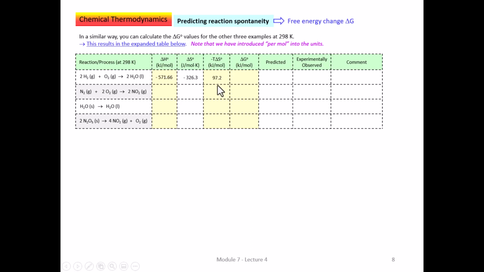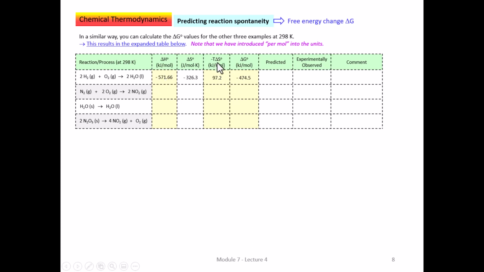So recall deltaG is deltaH minus T deltaS. We can think of this as deltaG being the sum of the deltaH and the minus T deltaS term. In any event, you can see that deltaG is just the difference between the deltaH and the minus T deltaS term. DeltaH is pushing for negative deltaG.